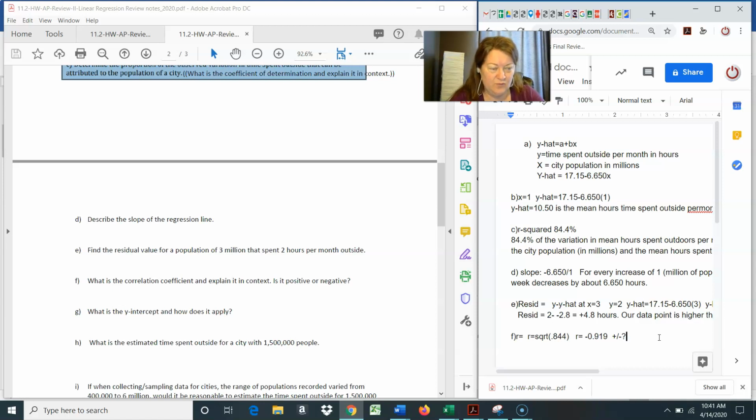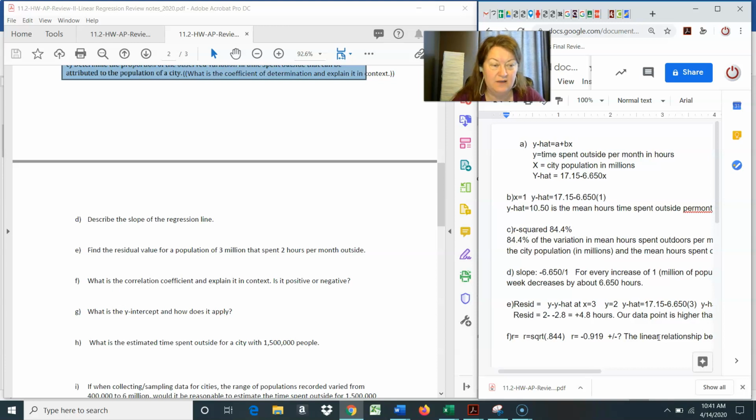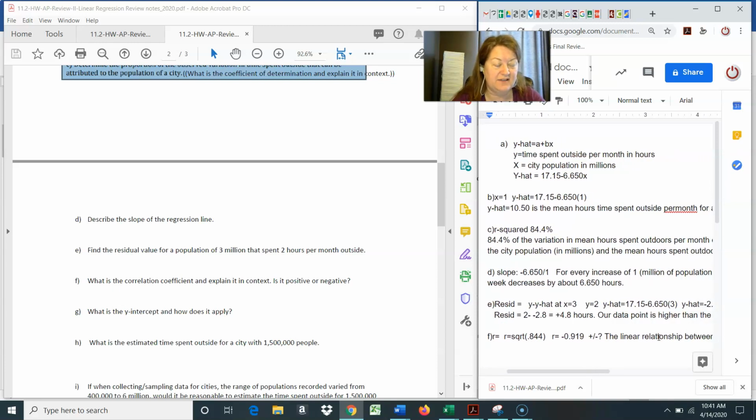So the only thing I can really say is that the correlation number tells me that the linear relationship between, again, I want to include context, right?